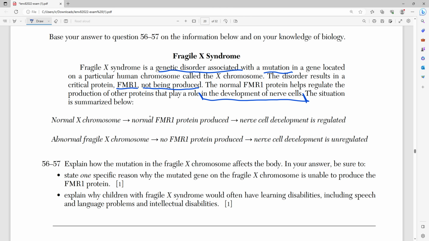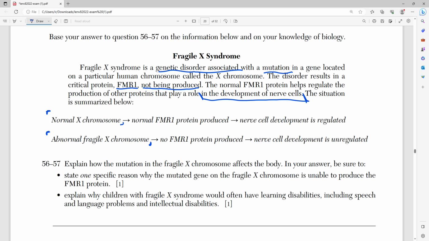So here we have a normal X chromosome, and this is not mutated. When it's not mutated, normal FMR1 protein is produced, and then nerve cell development is regulated as usual. It gives instructions on how nerve cells should form. They form that way, you're perfectly healthy. Right here, abnormal, fragile X chromosome, right?